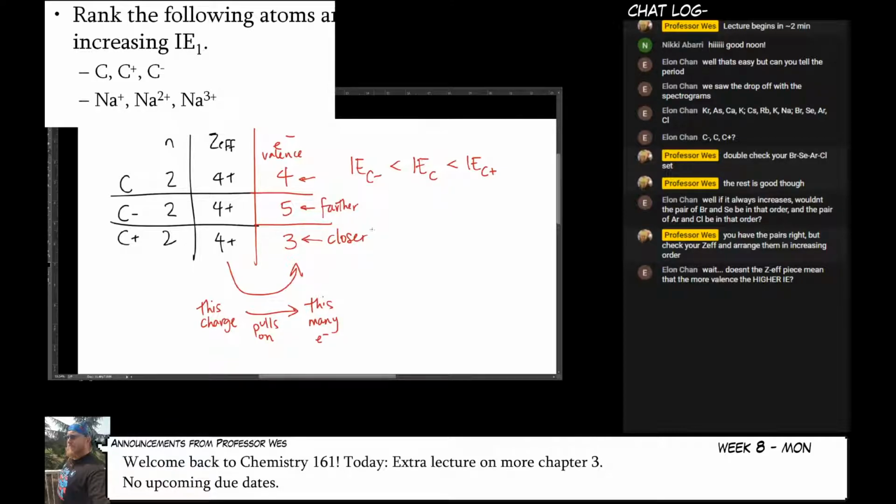Now, in other words, what you can say is the thing with the most valence electrons is easiest to ionize. The thing with the least valence electrons is the hardest to ionize. And so, by that token, we should also observe that this is the case too.